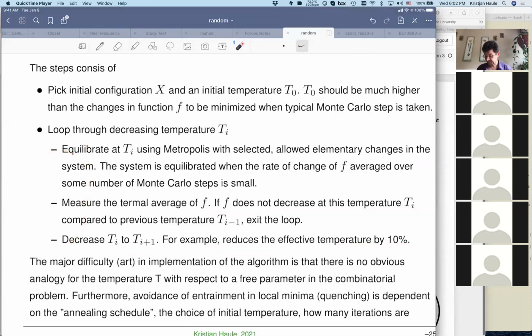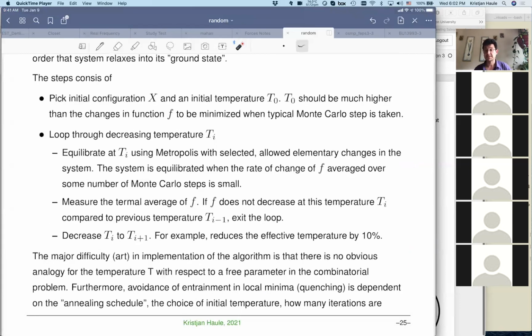So how much to reduce the temperature? How big does the temperature need to be at the beginning? And what are the elementary changes? These are the complicated questions. This depends on the problem, and you need to invent a different set of numbers for each problem.